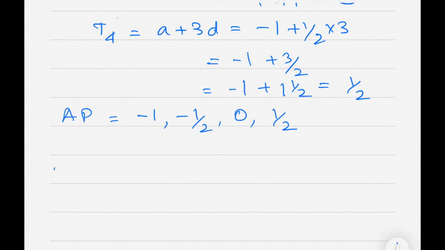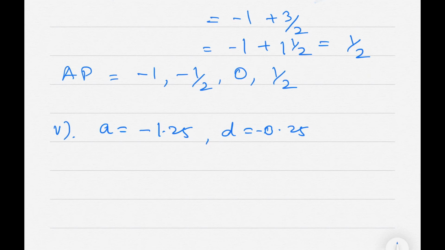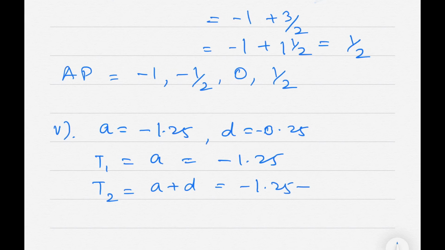Next says fifth part. So a is equal to minus 1.25 and d is equal to minus 0.25, right? Okay, so now let's move. My first term is equal to a, which is minus 1.25. The second term is equal to a plus d, so that will be equal to minus 1.25 minus 0.25.